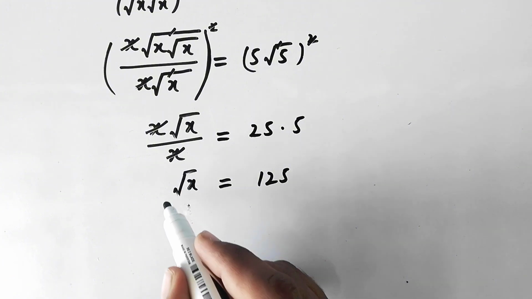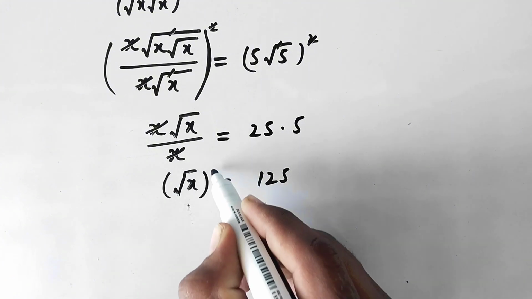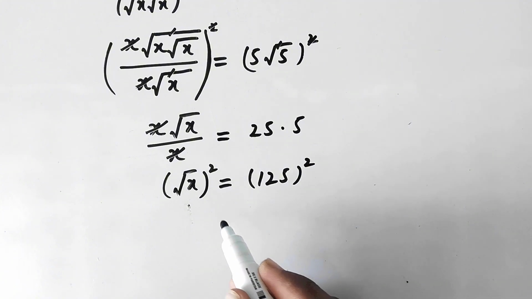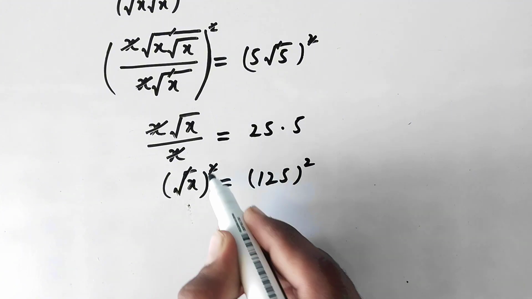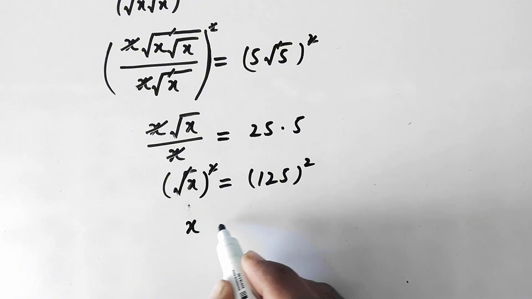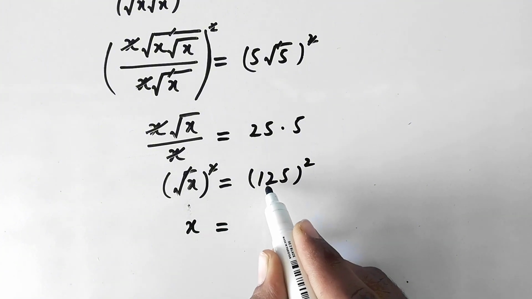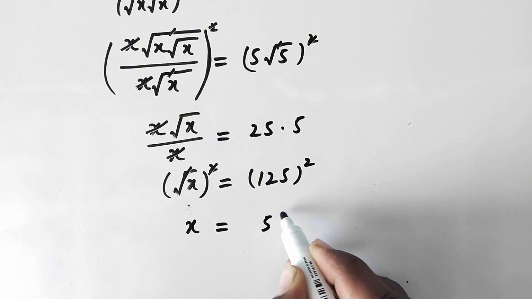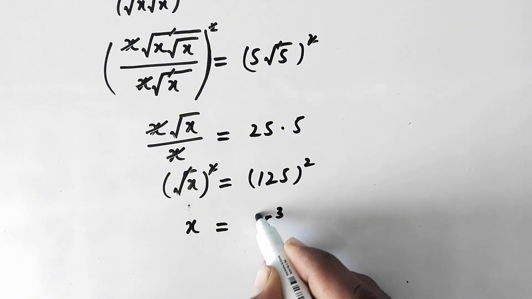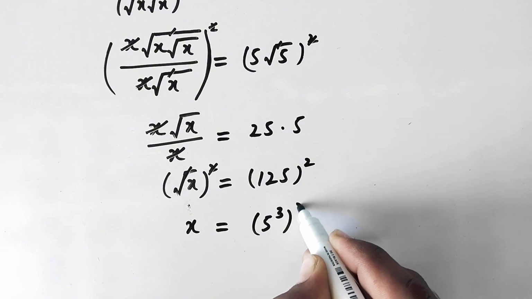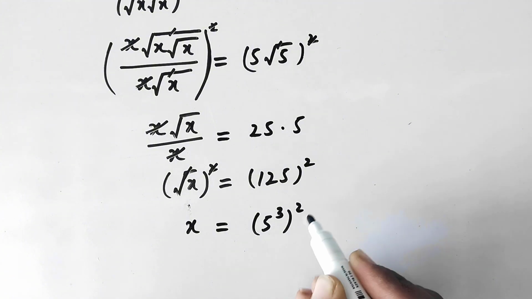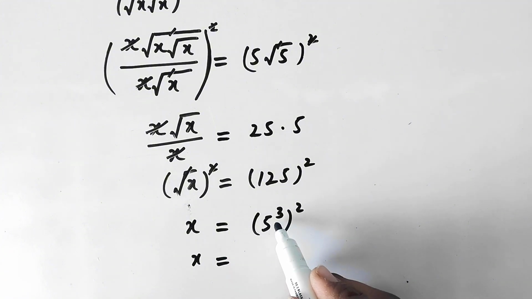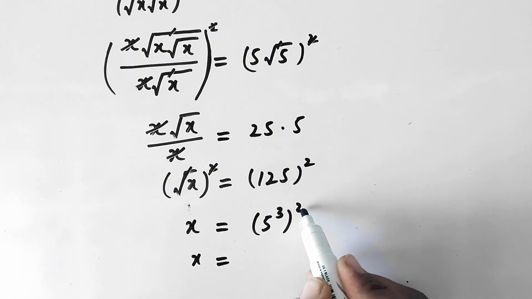So now here to eliminate this square root we will take here again square on both sides. So here this square root will be cancelled by this square, and here x will be equal to, we can write this 125 in this way, 5 to power cube to whole power is this square, and now x will be equal to, by following a property of exponents we can multiply these powers.